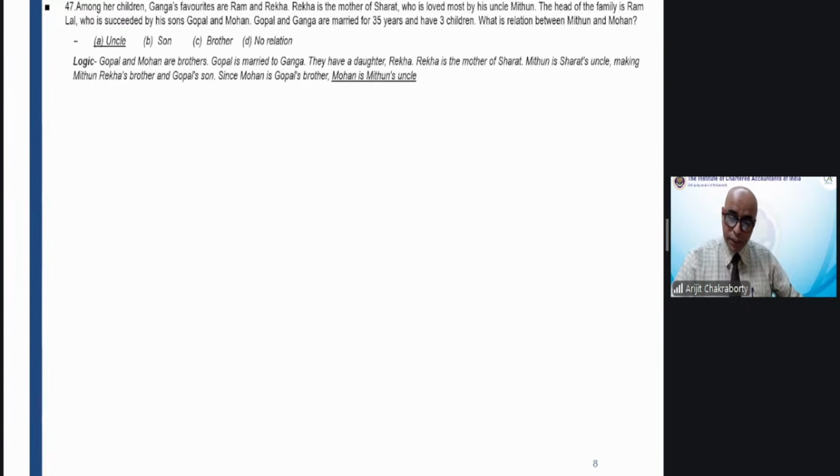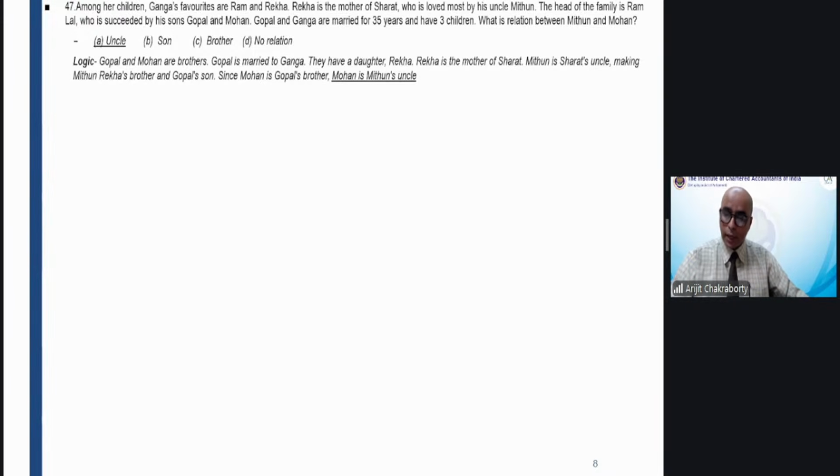So we have already seen here that Gopal and Mohan are brothers. क्योंकि ऊपर है रामलाल, the head of the family is Ramlal. Ramlal has two sons, Gopal and Mohan. गोपाल का पत्नी है गंगा, और गोपाल और गंगा का दो चिल्ड्रन, एक है राम, एक है रेखा. Next we have seen Rekha's brother is Mithun.